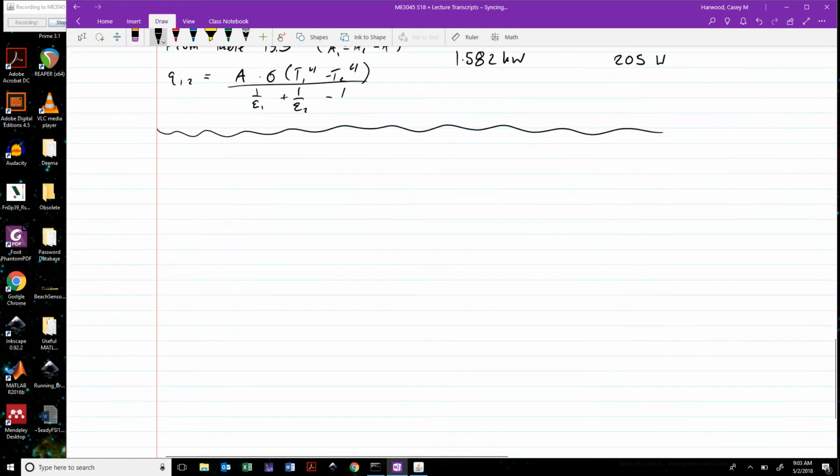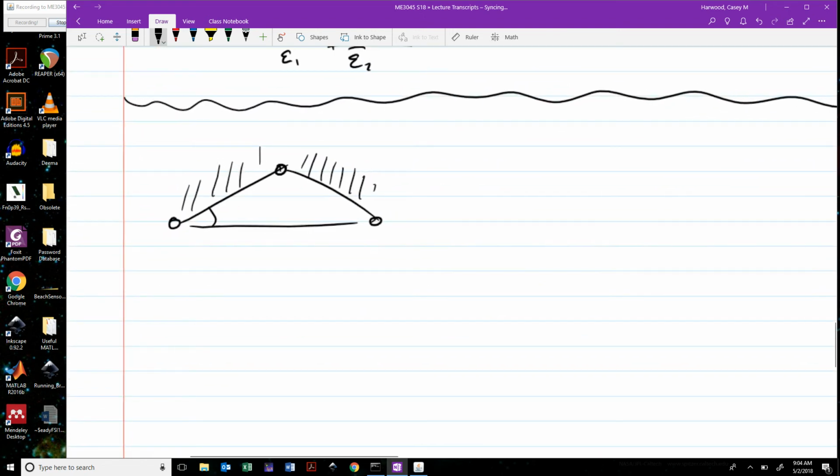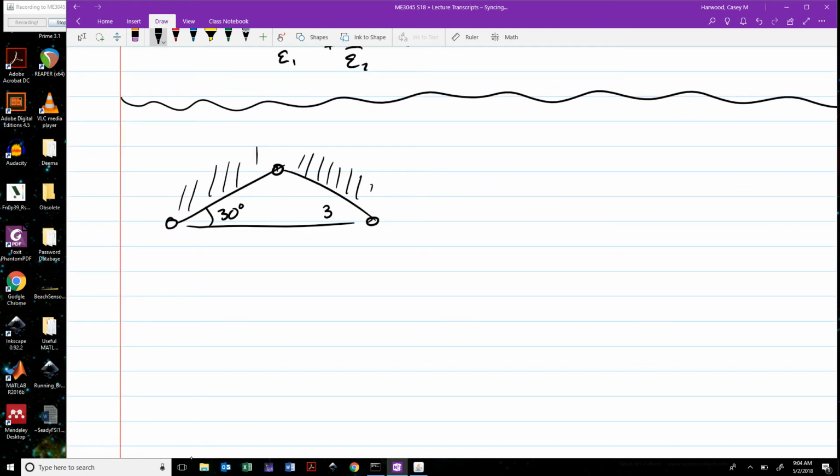Let's try our hand at another one. Let's say we've got a triangular enclosure. We'll call this surface 1, this surface 2, and this surface 3. Surface 1 is 2 meters wide.